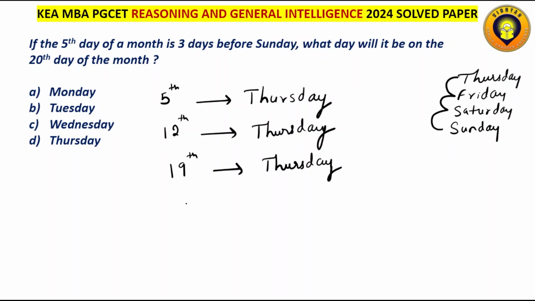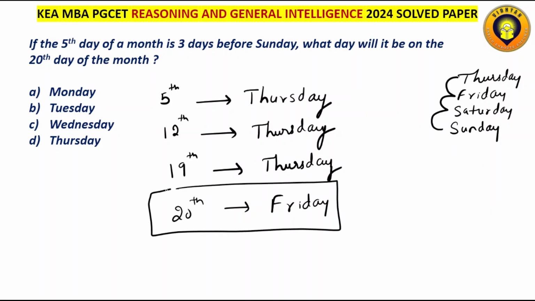Then they asked us the 20th day, so the next day after this will be Friday. Therefore, the 20th day of the month is Friday, but in the given options, there's no Friday. So this will be grace marks for you in the exam because the options are given wrong. Answer is Friday.